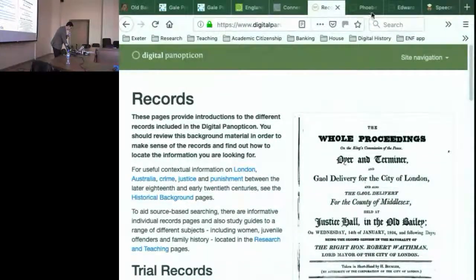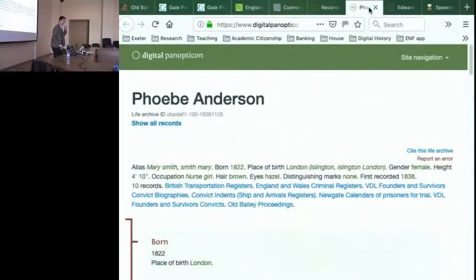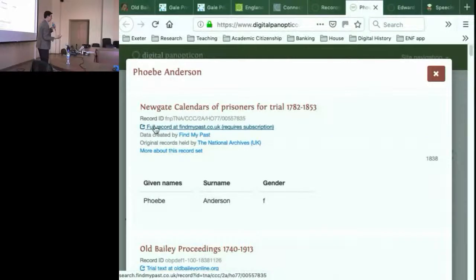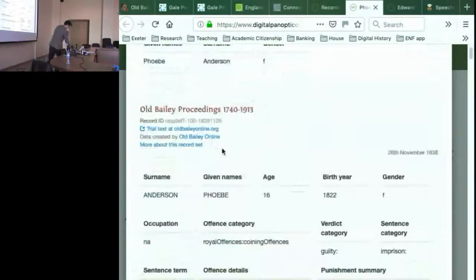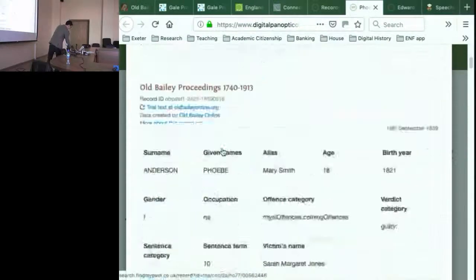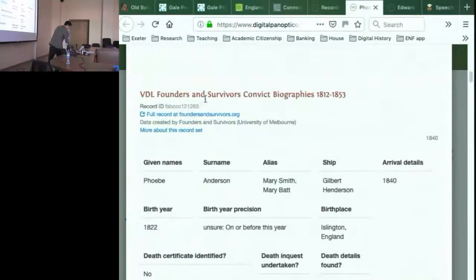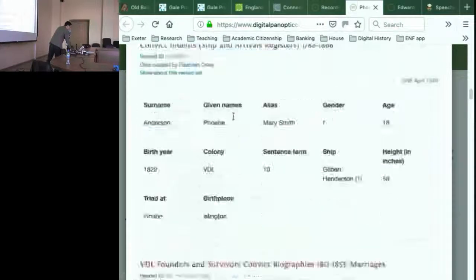And I'll show you one example, and that's Phoebe Anderson. So Phoebe Anderson appears in 10 different sets of records in the database. She appears in the Newgate calendars of prisoners, the Old Bailey proceedings, the transportation registers, and then in the records of Van Diemen's Land, that's the penal colony in Australia.